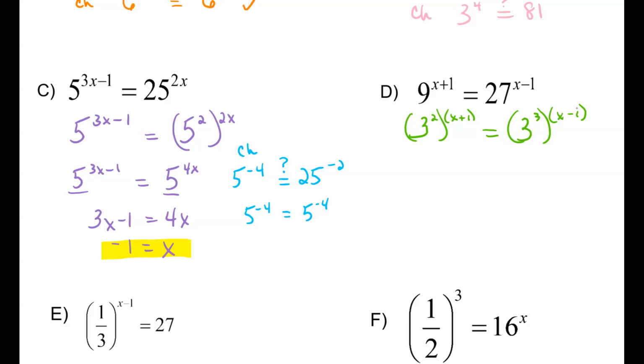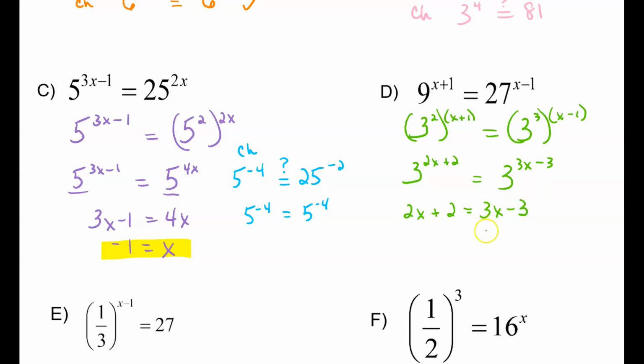We have to distribute. Be careful with that. So the left side will become 3 to the 2x plus 2 is equal to 3 to the 3x minus 3. All right, so again, my bases are the same. I'll set the exponents equal to each other. 2x plus 2 is equal to 3x minus 3.